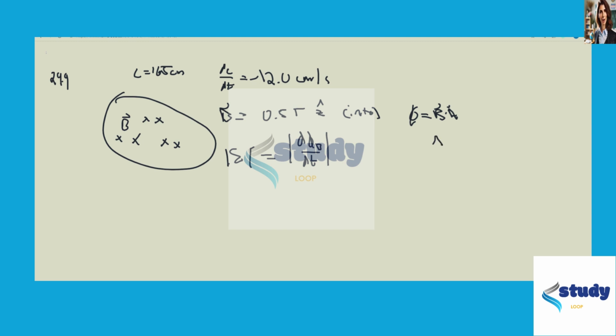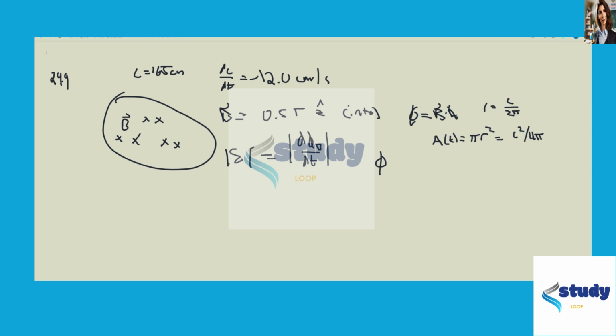We can express it in terms of the circumference, right? So this is pi r squared, but r is circumference over 2 pi. So this is the same as circumference squared over 4 pi.